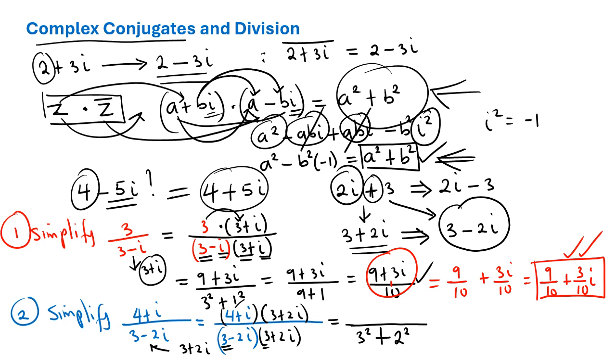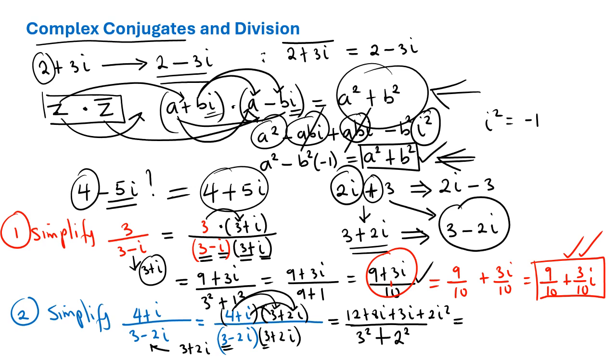Now for the numerator, I just need to make sure I use my distributive property. 4 times 3 is 12. 4 times 2i is going to be 8i. Then i times 3 will be positive 3i. And i times 2i is going to be positive 2i squared.